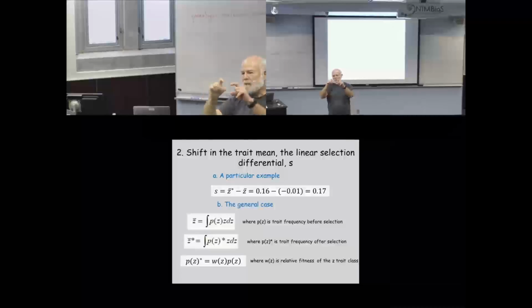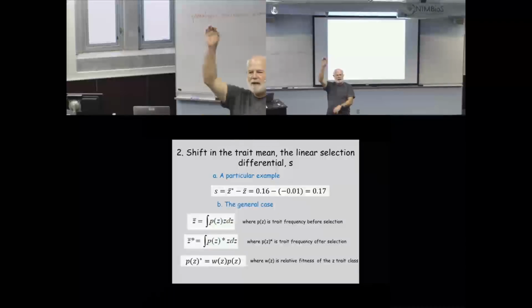You multiply that proportion times 1, and then say, here's the proportion with a value of 2, multiply that by 2, and add it to the first. In other words, you weight the values for the trait by their proportion in the population. You with me? You could just add them all up, but this is a slightly faster way of doing it.